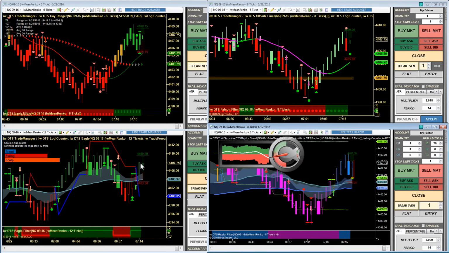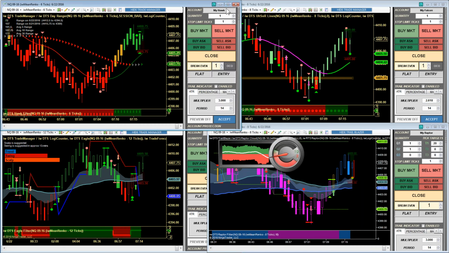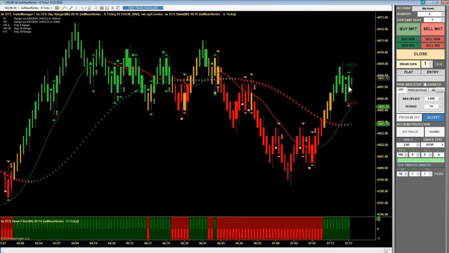So if you're looking at, say, this pending first micro-macro cross here in the Hawk, technically it missed the macro line. So technically it's not a first micro-macro cross.